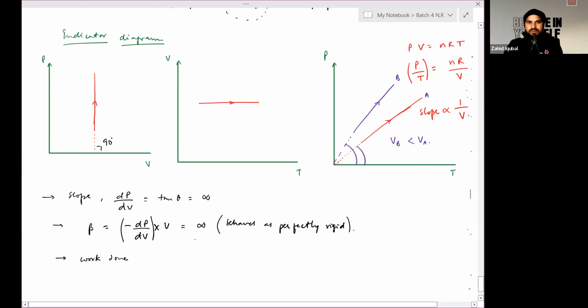Now, this bulk modulus, or modulus of elasticity, defines the elastic behavior of a substance. The higher the modulus of elasticity, the more difficult it is to deform its shape. So in this part, since beta equals infinity, it is impossible to deform the shape of this object. It behaves as a perfectly rigid body.